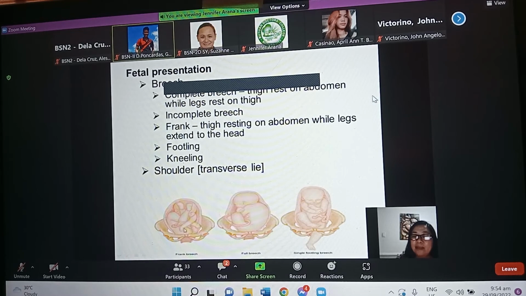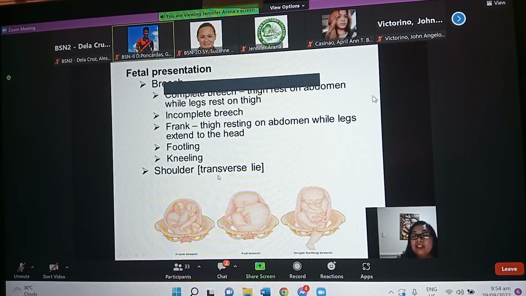Murag naka-flex ang hip part sa bata and the thigh and the legs are extended fully towards the anterior part of the baby. And then we have the footling presentation. Sa footling presentation, ang una mogawas, ang pinakaduol sa maternal pelvis is the foot of the baby. And then naa pay isa, kneeling, so mura galuhod ang bata ani kneeling presentation.